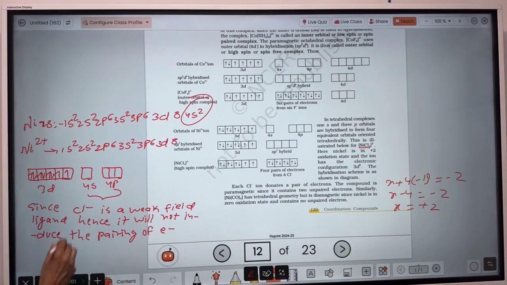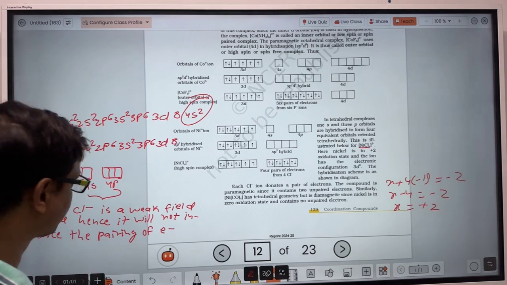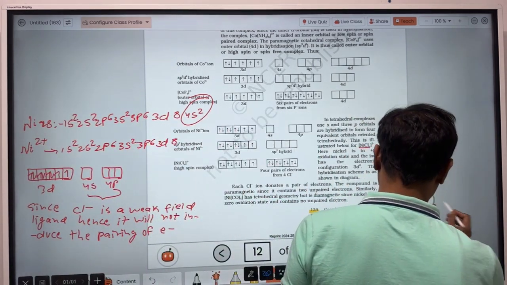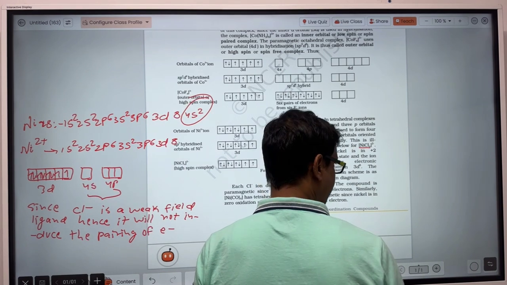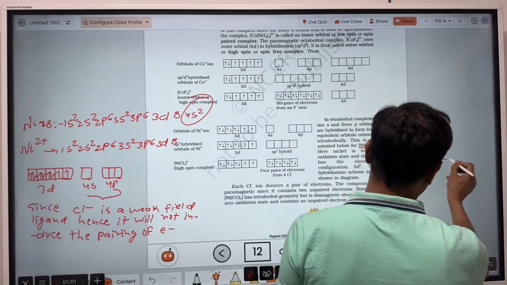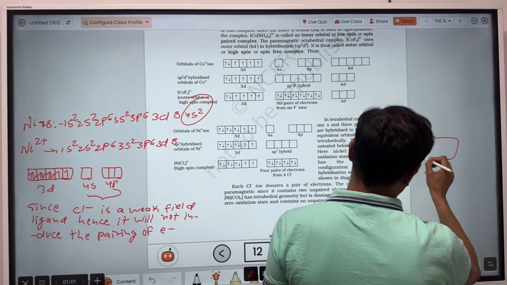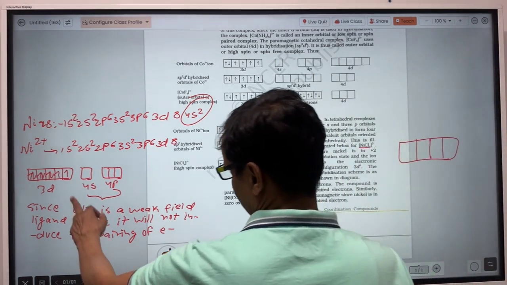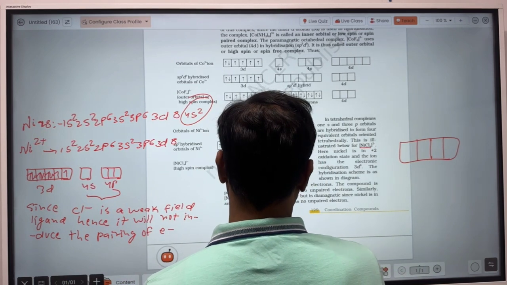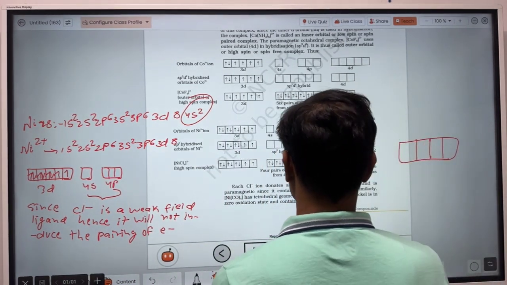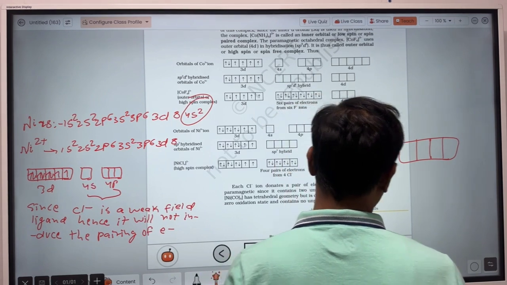Here the 4 sp3 hybridized orbital will form due to the merging of one orbital of 4s and the 3 orbital of 4p.